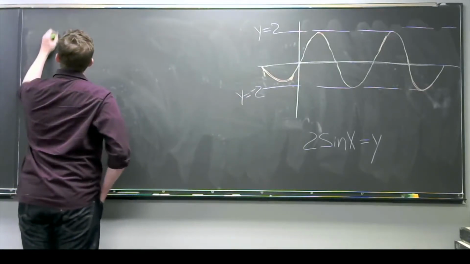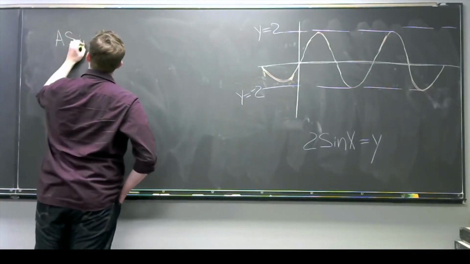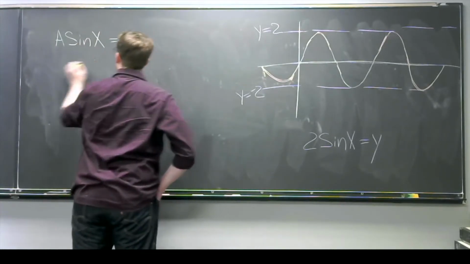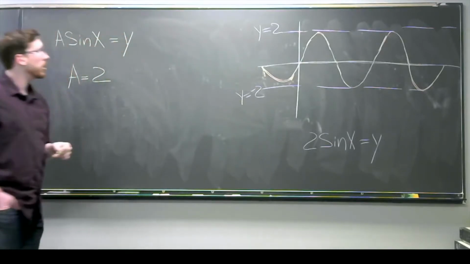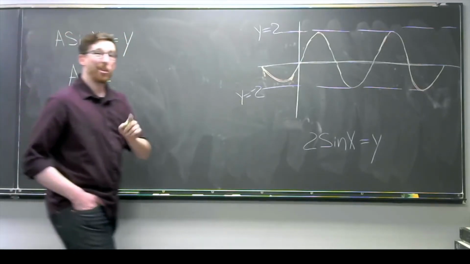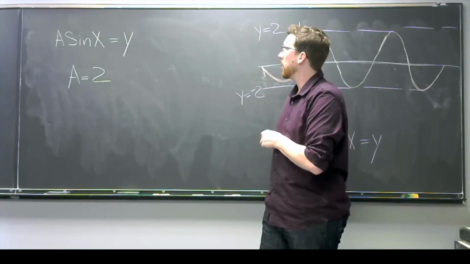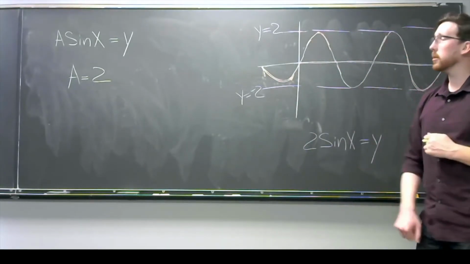We just drew the graph, and all this A here is doing is changing the amplitude. It changes how high and low our function gets.